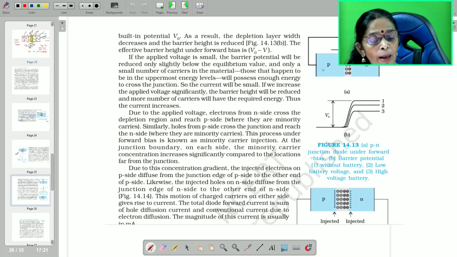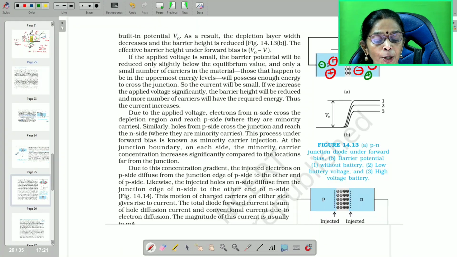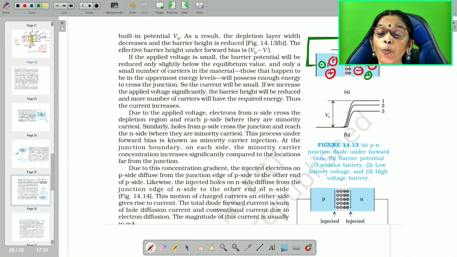I am connecting to a battery in order to make the charges flow from N to P or P to N, because in the N side a lot of electrons are present apart from a few holes. But when I give P to positive, N to negative, what does positive and positive do, children?